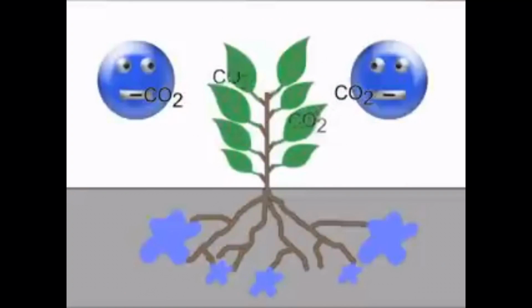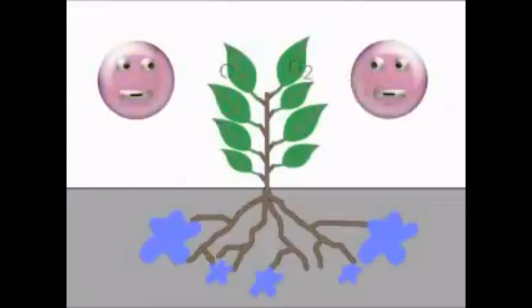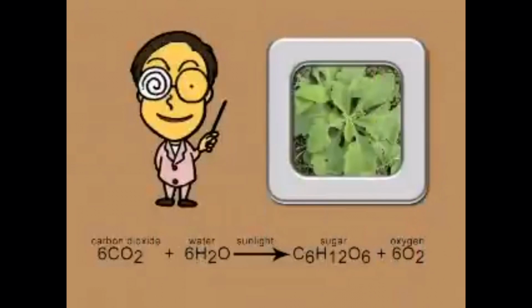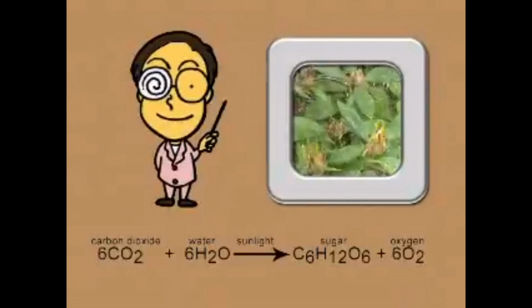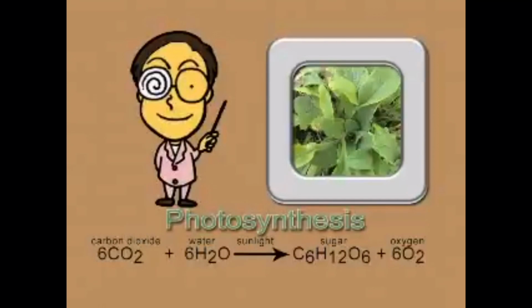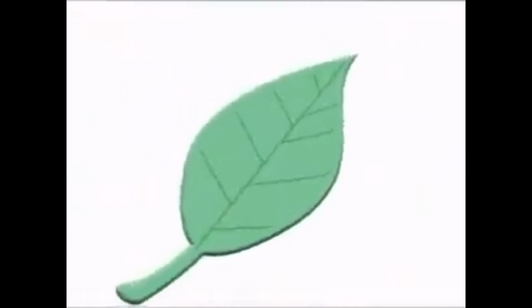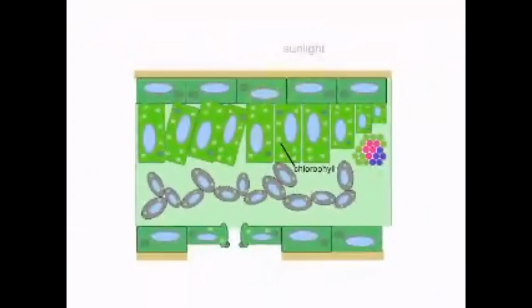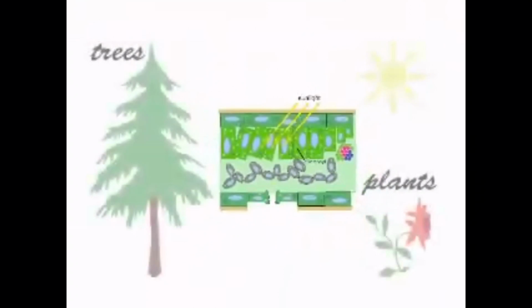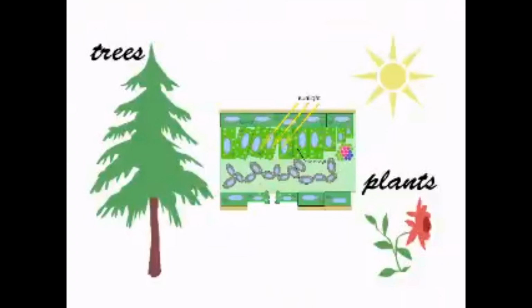Unlike me and you, plants need CO2, and they make oxygen that stops us turning blue. It's a miracle how all the chlorophyll captures sunlight in the leaves of the plants and the trees.